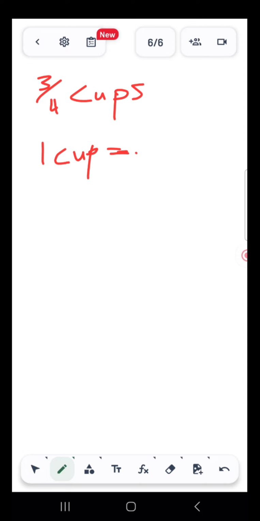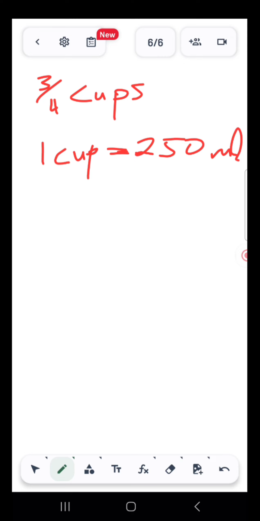Let's practically do it. We have 3/4 cups, and here they tell us that 1 cup is equal to 250 milliliters. So we want to know how many milliliters is 3/4 cups.